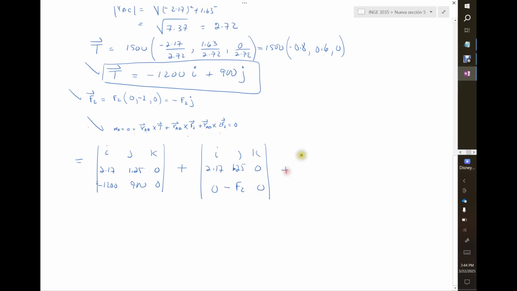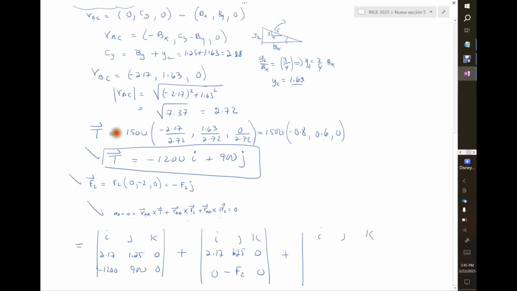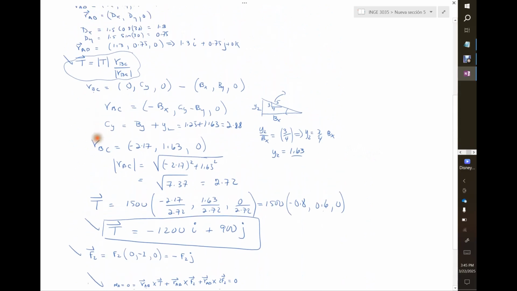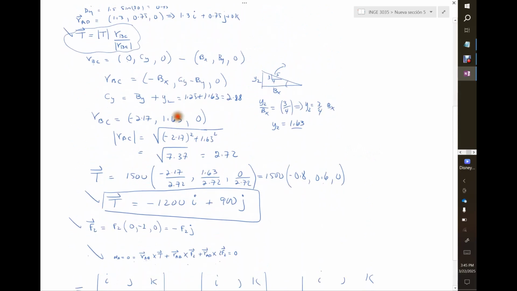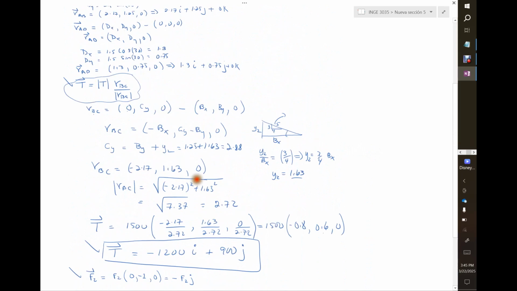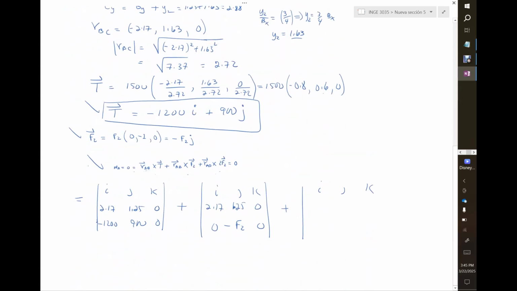That means plus i, j, k, and now I have R_AD. Where's that? Right here. It's 1.3, 0.75, and 0 on this one. But then the force there is 0, minus 2F2, and 0. So that's basically it.